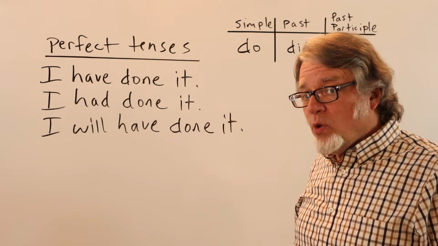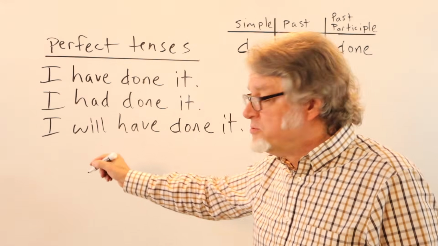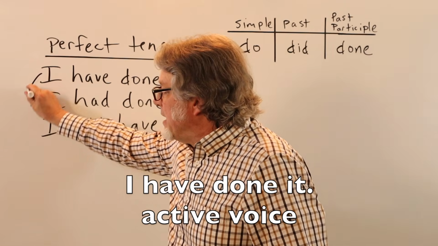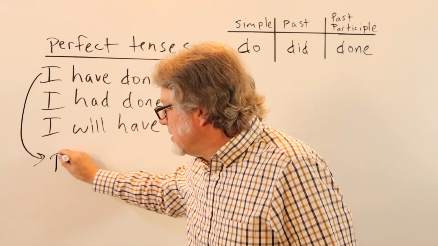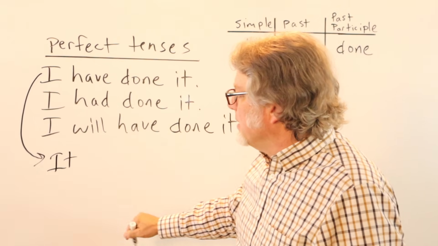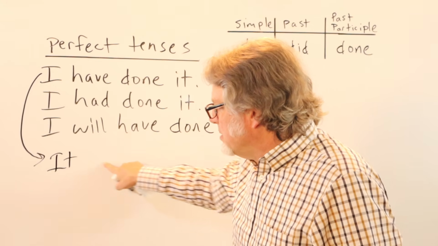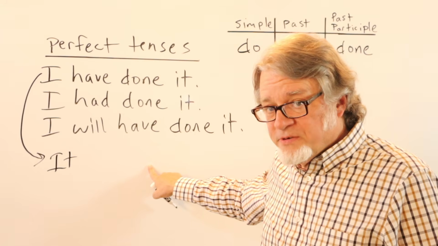In the passive voice, we'll take the object here and make it the new subject. I have done it. Remember, we have to have some form of the verb be after the subject, it. And this is singular. So the verb be will go here. In this case, we need two verbs.